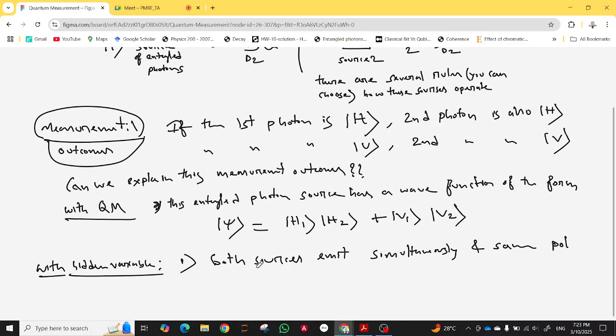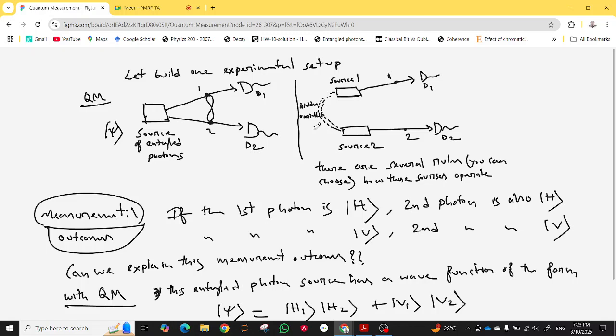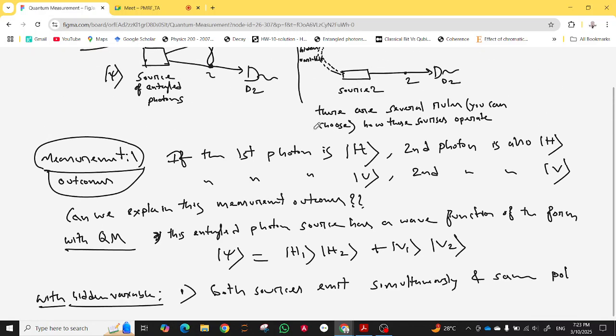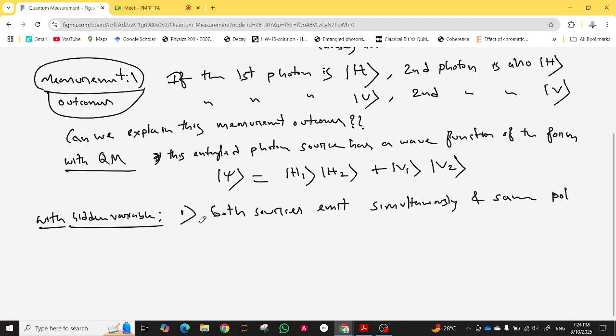So you can set any rules. With hidden variables, you don't need just one or two, you can have many. Hidden variable means some conditions. The first condition is that both sources emit simultaneously with the same polarization.